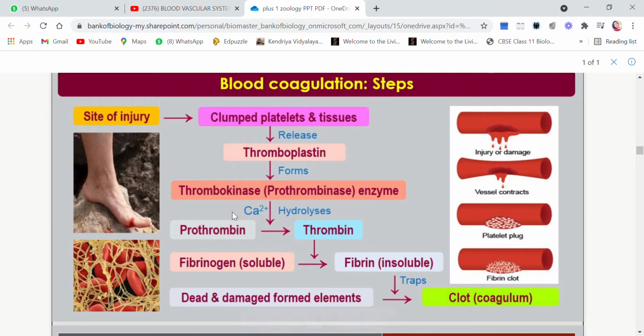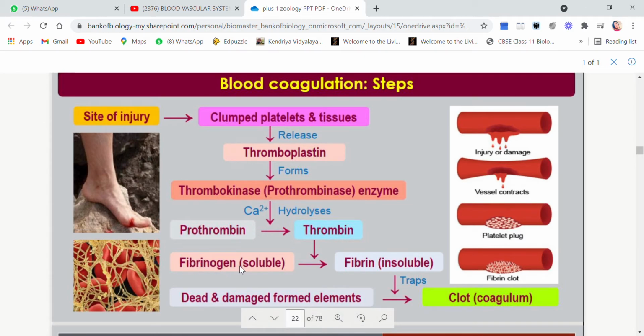We also need calcium ions. So when prothrombin gets both of these things, thrombokinase enzyme and calcium ion, it becomes active, and now it gets converted into thrombin. This thrombin is again responsible for activating fibrinogen.